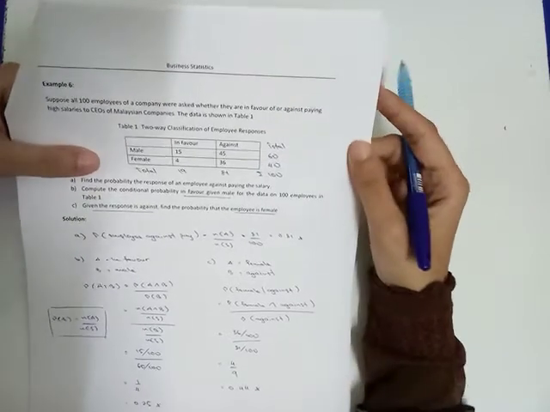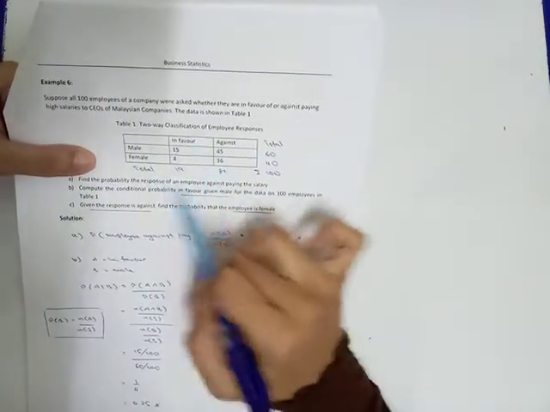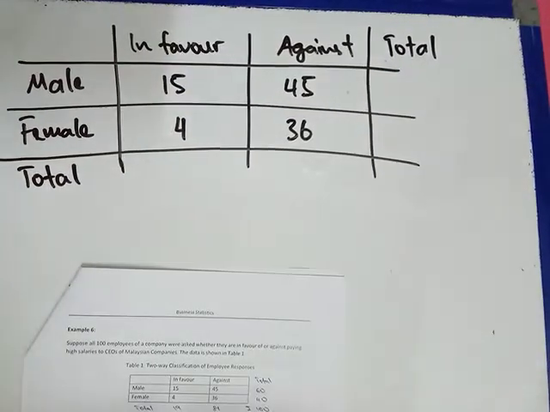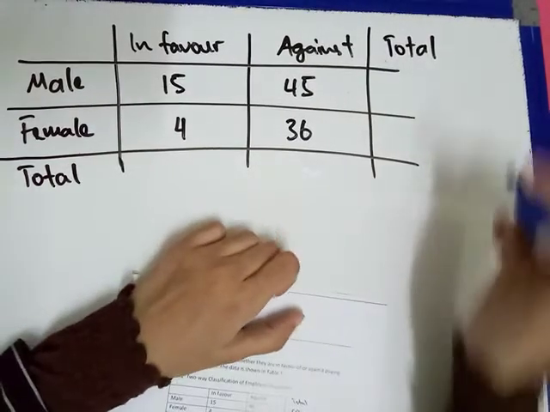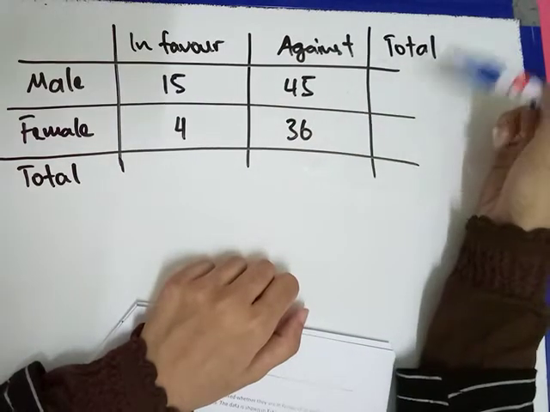Look at A. Find the probability. Bila dia bagi dalam bentuk table ni, first step you have to find the number of element in sample space. From the table awak kena total up dulu.